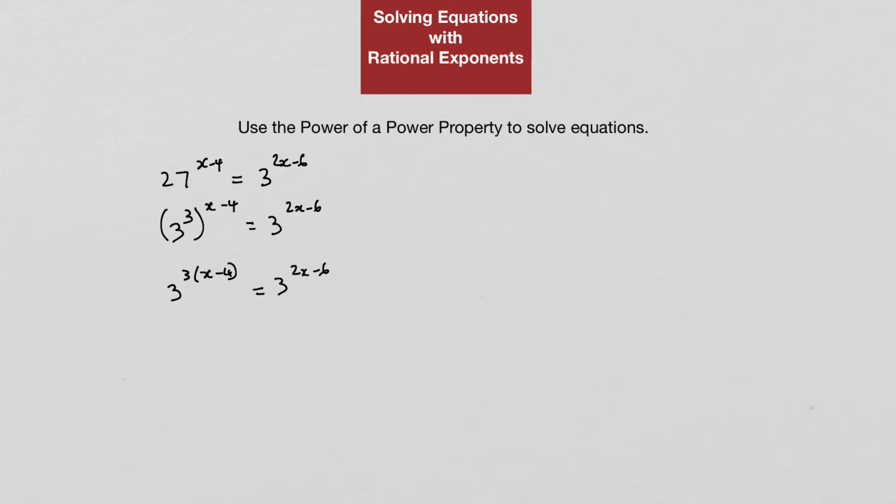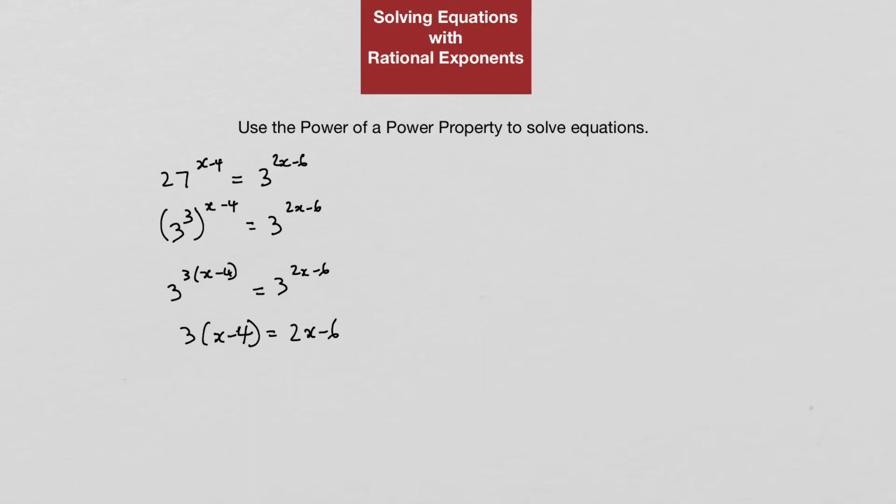Now what we end up having is this and this having the same base. And now that we have the same base, we can do exactly what we did in the previous problem. We can eliminate these and just write the powers themselves. So then we get 3 times x minus 4 is equal to 2x minus 6.